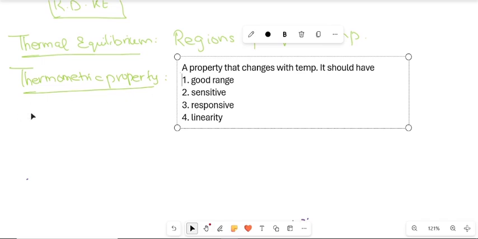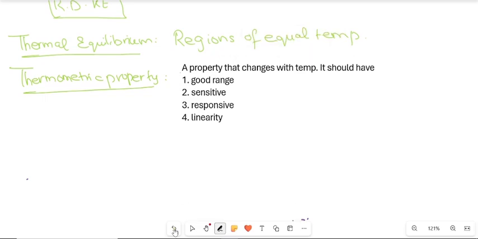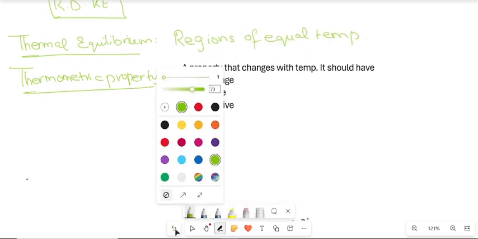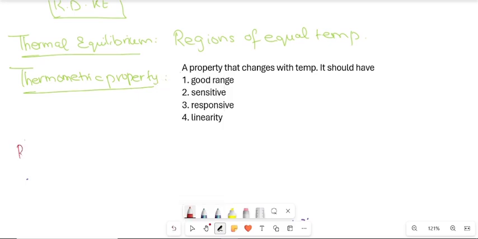Let's start off with range. Now, what do we mean by range? Range, the maximum and minimum. You must have heard the word range in mathematics: maximum subtracted by minimum.